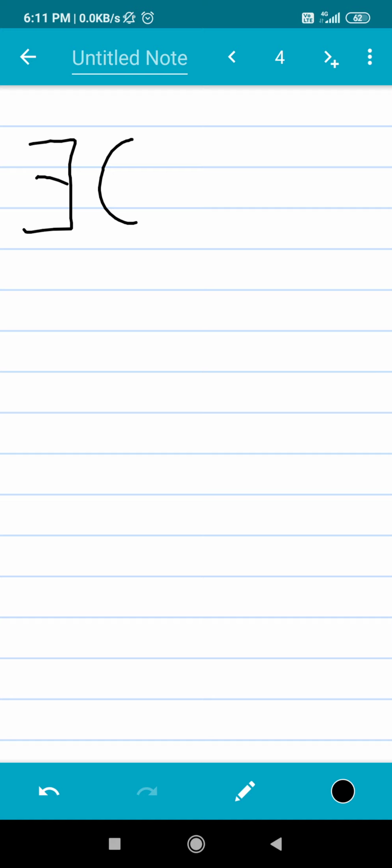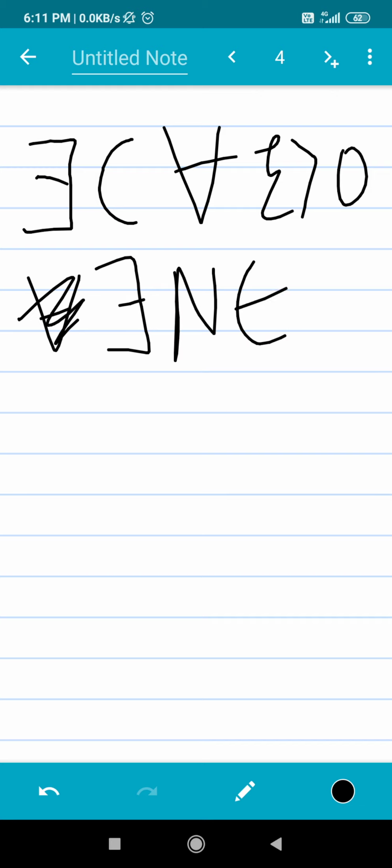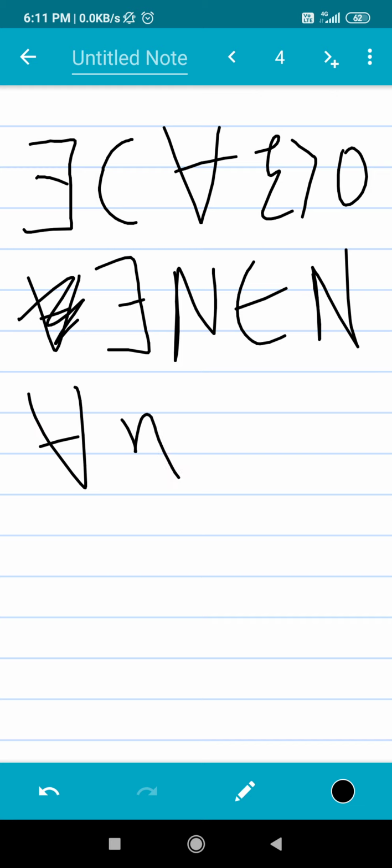There exists C, for all epsilon positive, there exists capital N belonging to the naturals. We can combine the statements here for all n. And to match the options, if we write like this, then this is a subset of n greater than or equal to N, so this is also alright.